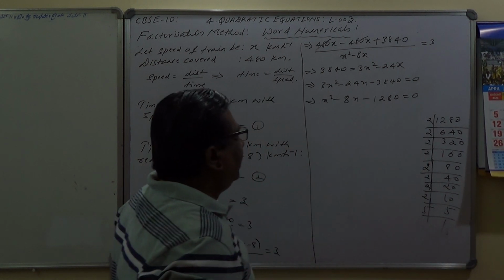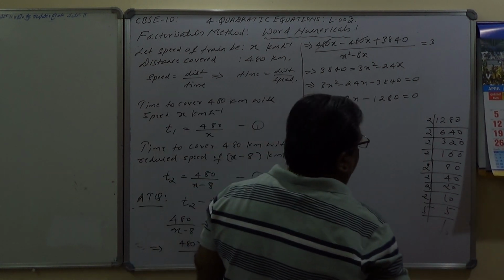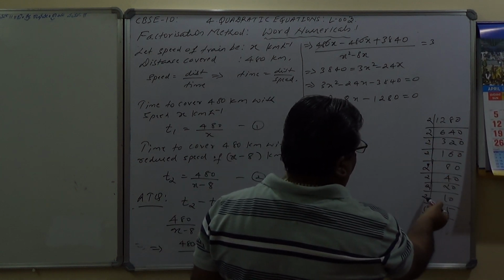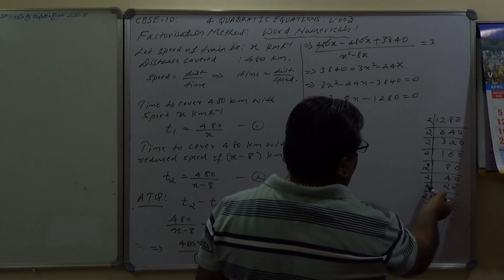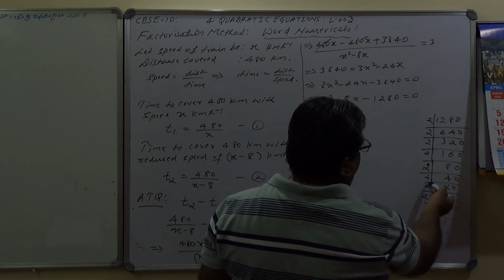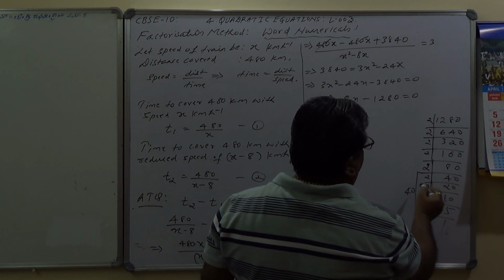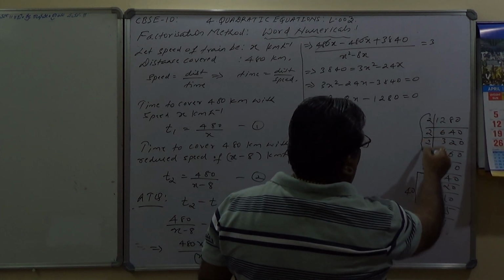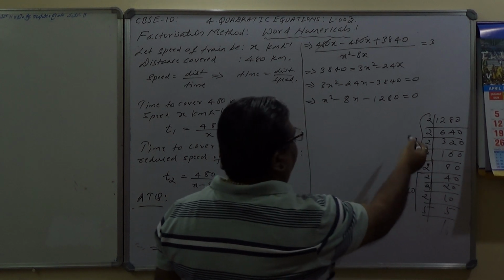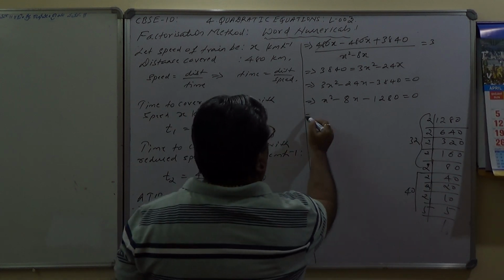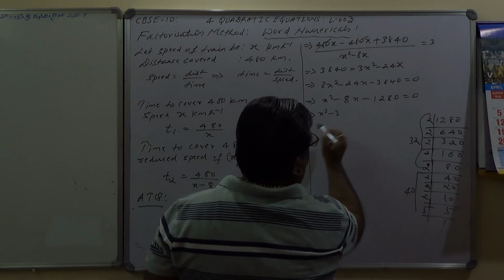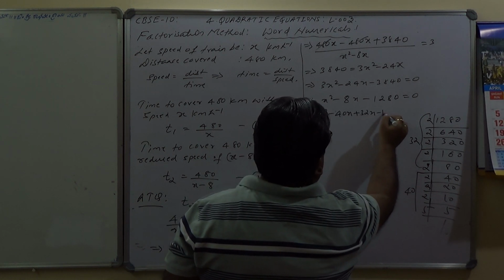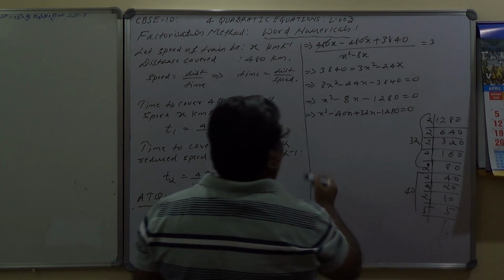Now we will try to factorize this. See here, 5 twos are 10, 10 twos are 20, 40. 40 minus 32 is 8. Therefore this equals x square minus 40x plus 32x minus 1280 equals 0.